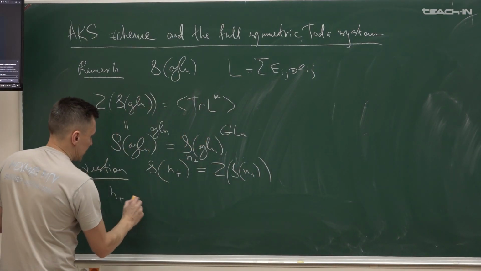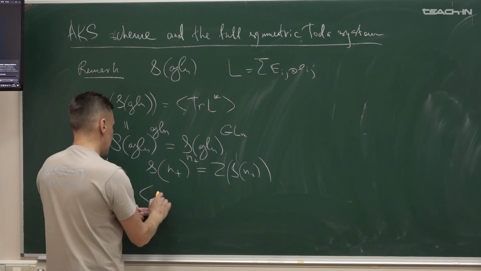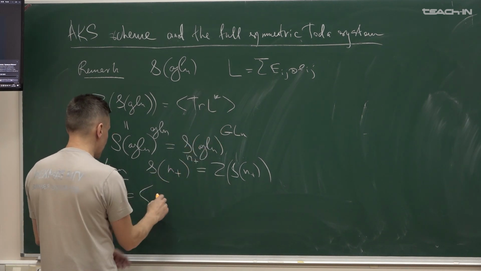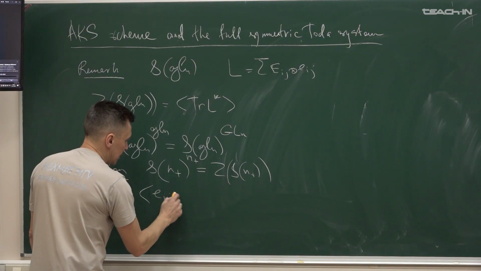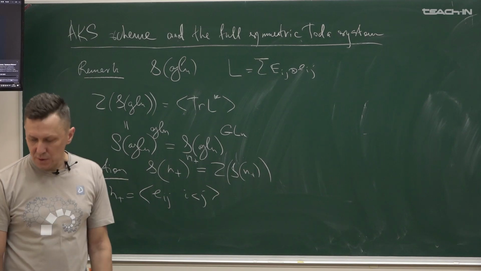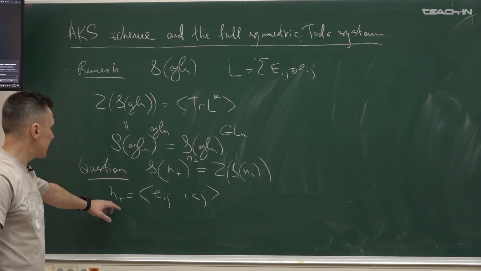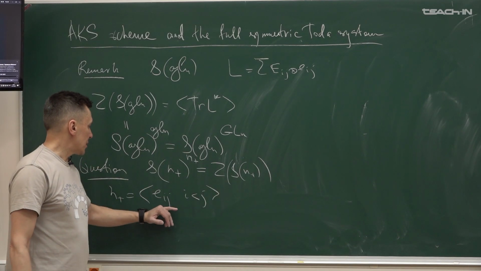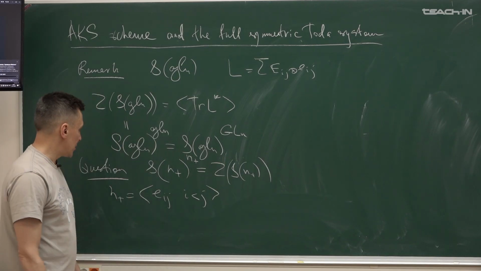N plus, as you remember, is the Lie algebra of upper nilpotent matrices e_ij with i less than j. It differs from the Borel subalgebra, so it doesn't contain the diagonal, the Cartan elements.